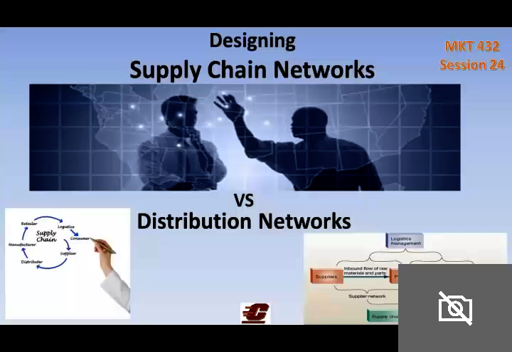When we compare supply chain networks to distribution networks, we're focusing on all the different elements within the supply chain networks, including manufacturing. We'll have an upcoming session where we talk about distribution networks. However, when we talk about supply chain networks, it's inclusive of all the different elements of the supply chain and probably more focused on manufacturing.